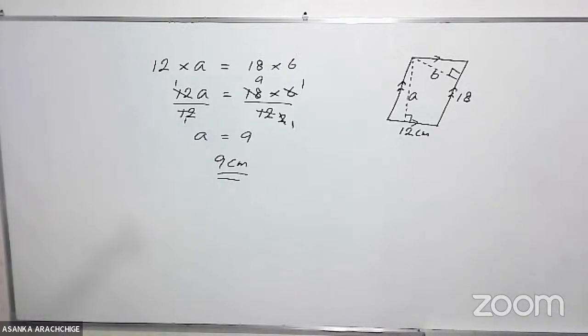Correct? All sides equal, that means it is a rhombus.